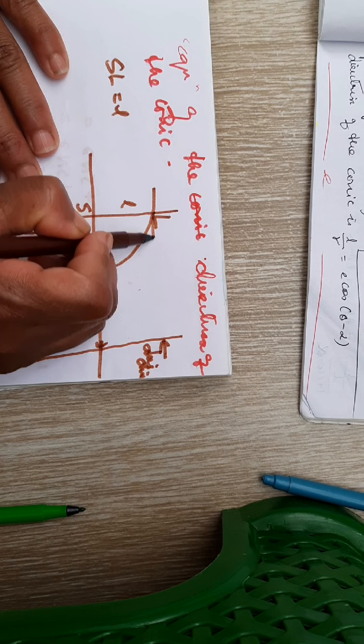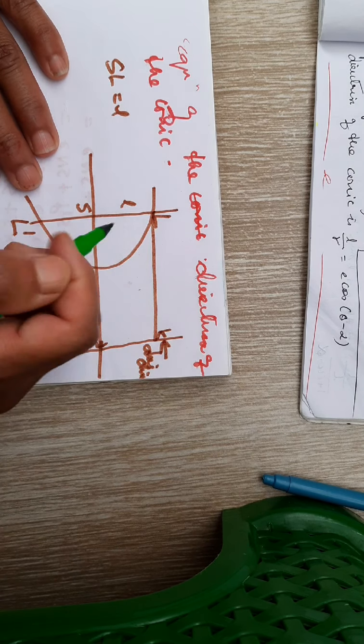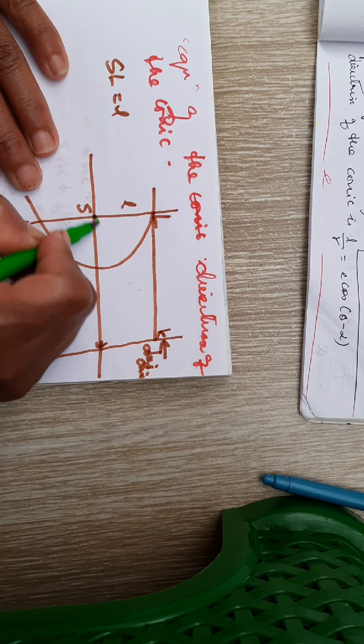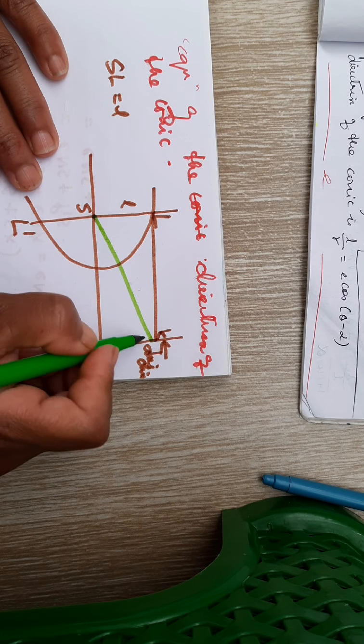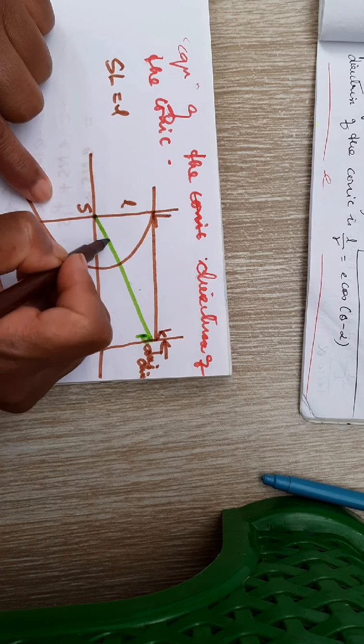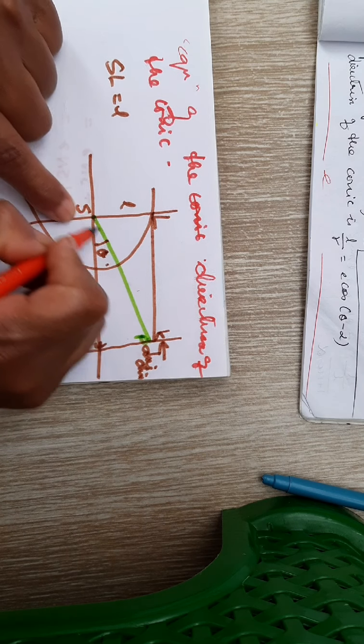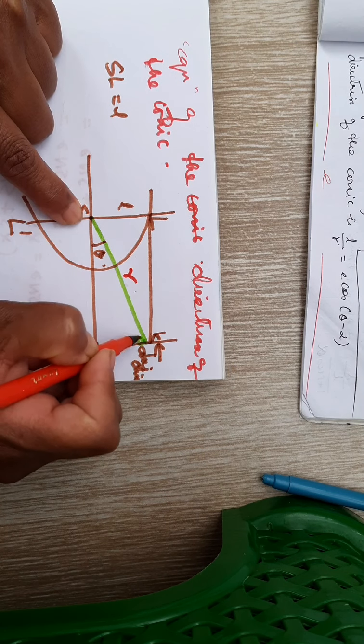From here you drop a perpendicular to the directrix at K. Now next, from this S, draw a line like this which meets the directrix at P. Let this angle be theta. Now let SP be equal to r. This is P here.